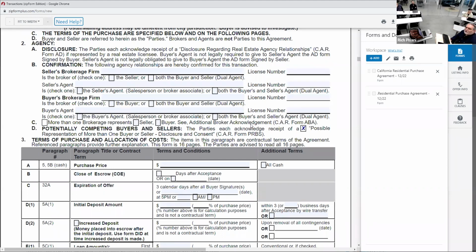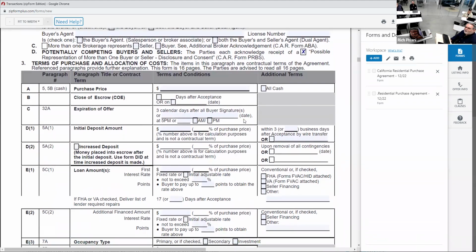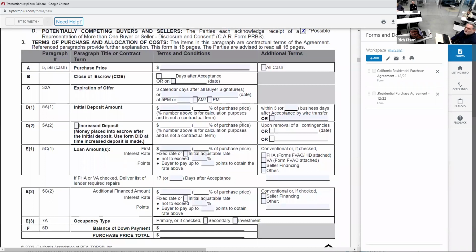So that's that. So item 3, these are the terms and the allocation of costs. You're going to see when people refer to items on this page, they will say item 3A or item 3D2. So that's how that first column is the item number and letter.